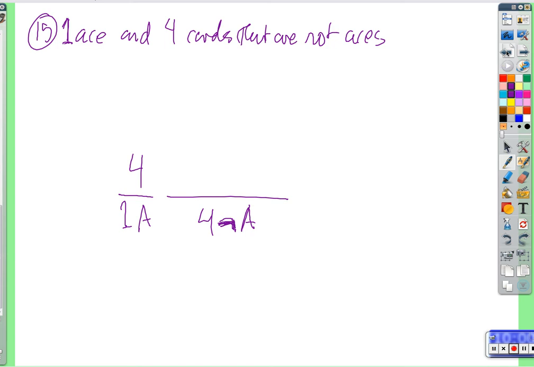Is it a combination or permutation? It's a combination, so we're going to take 4 cards from 48 in a way that order doesn't matter: 48 C 4. So there are 4 ways that you can get an ace, there are 48 C 4 ways that you can get 4 not-aces, and you multiply it all together. How many ways is that?